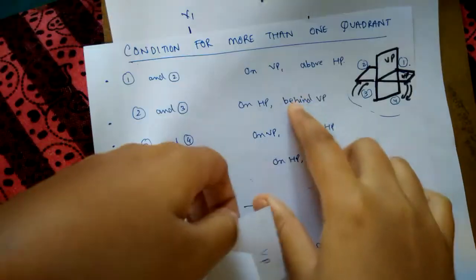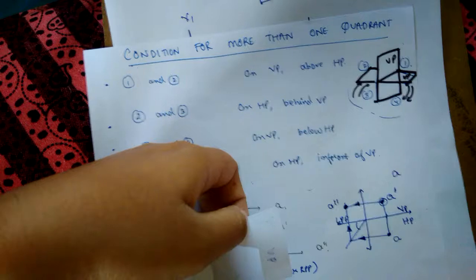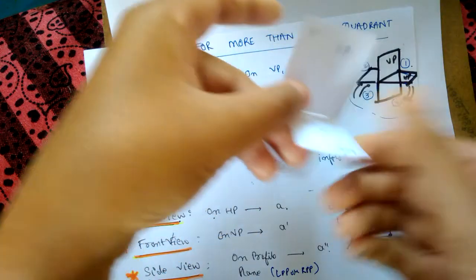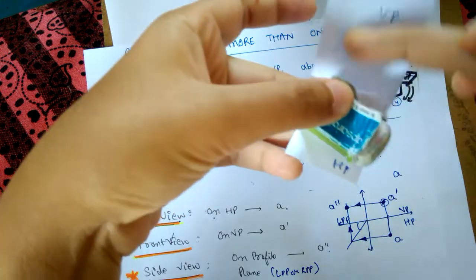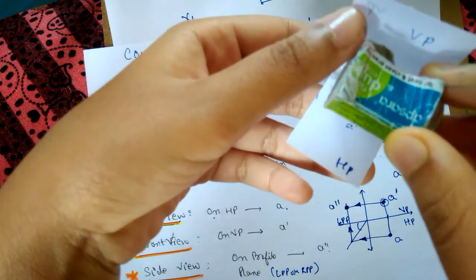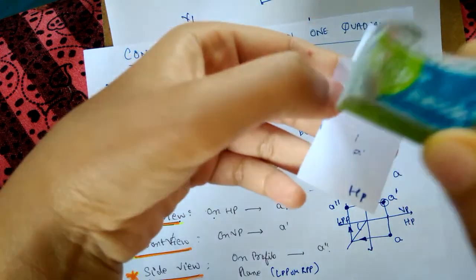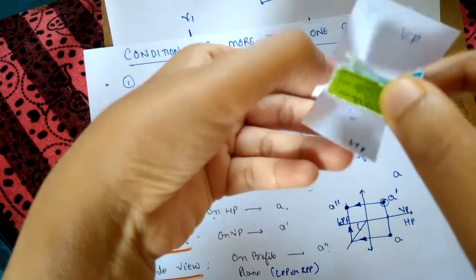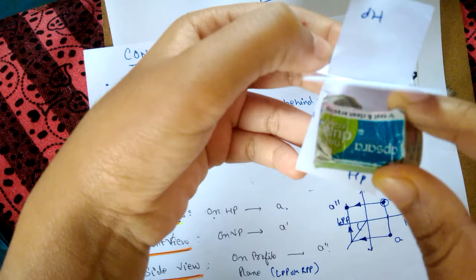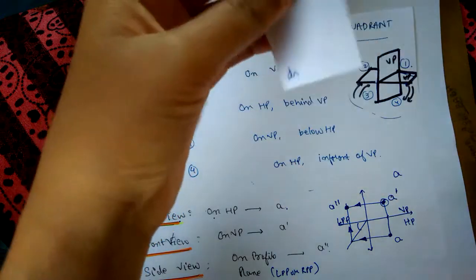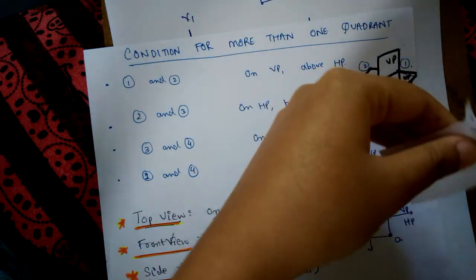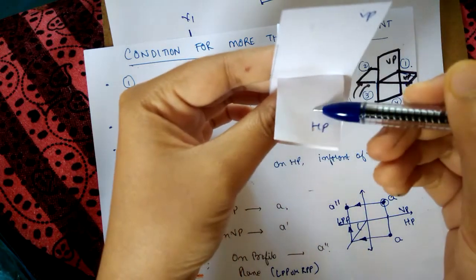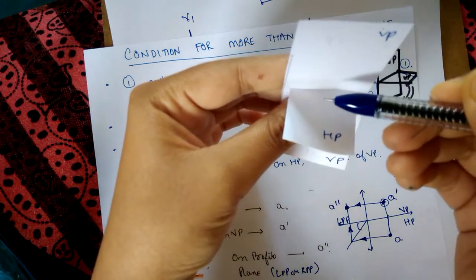First, the object is on VP, above HP, or on HP, in front of VP, or it is in between and it is considered as above HP, in front of VP. So all the four quadrants have the same conditions. If you come to the second quadrant, the object is on HP, on VP, or above HP, in front of VP.